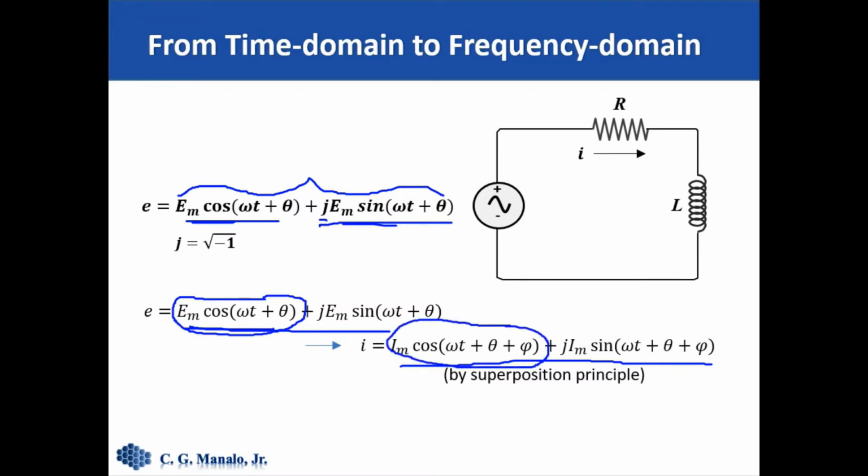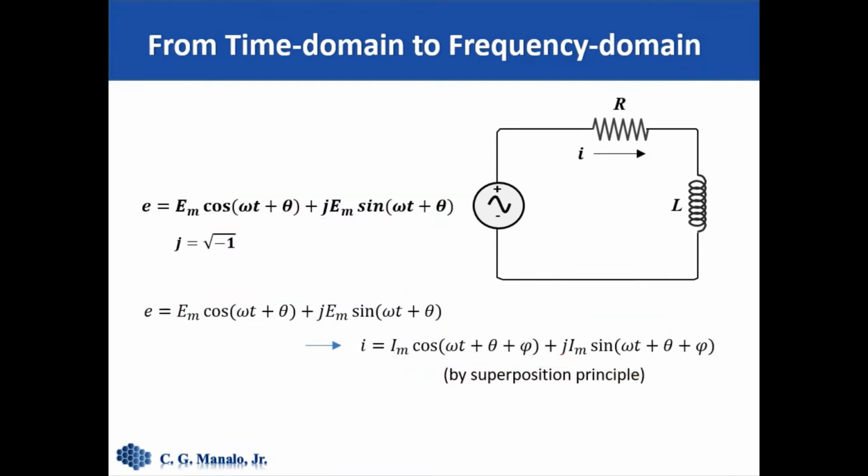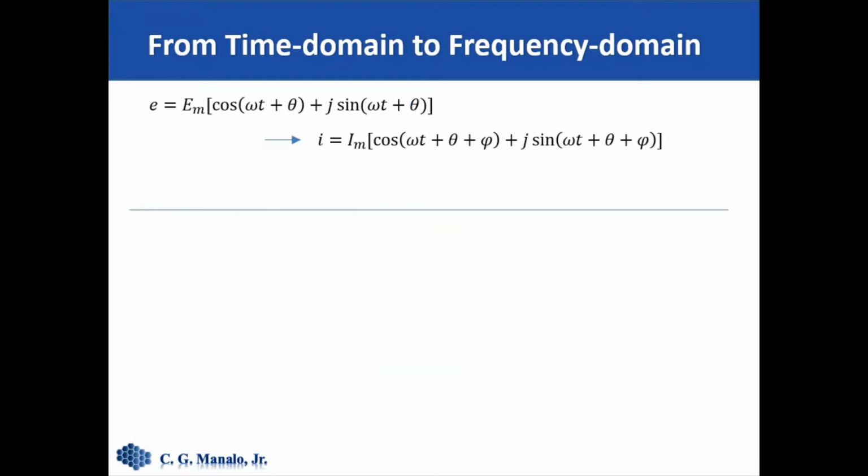And if this is the voltage applied, that should give us this response according to superposition principle. And the combination of these voltages, this voltage here and here, should give us also the combined response for each of those voltages, which is this one. Simplifying, that will give us these equations.